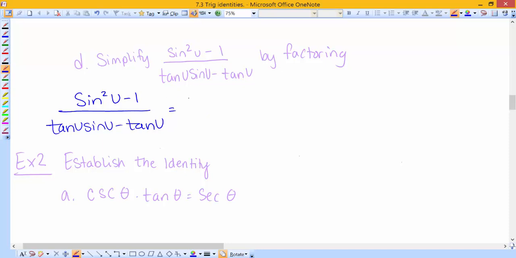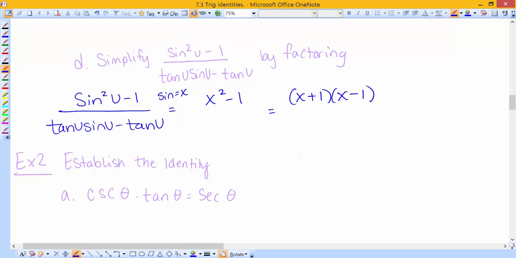So I'm going to use x. Sine is going to equal x. So this would be x squared minus 1. I really hope we remember how to factor an x squared minus 1. This is a difference of squares. So this is x plus 1, x minus 1.